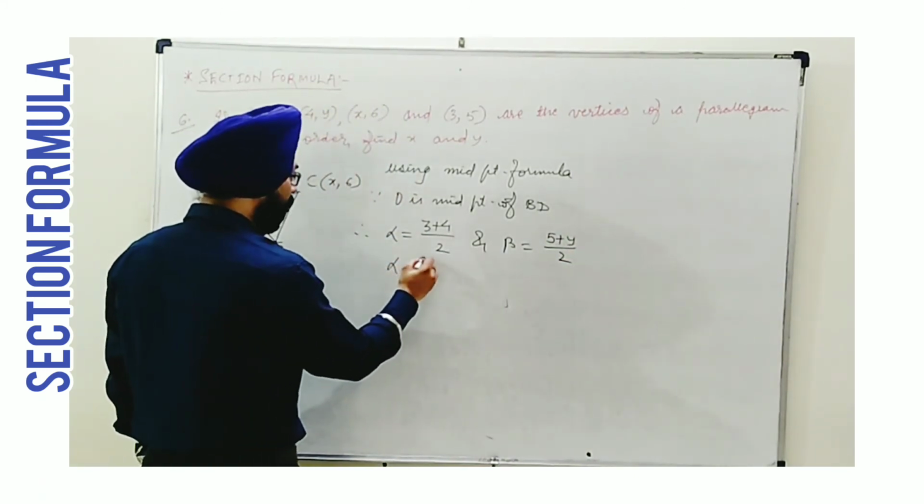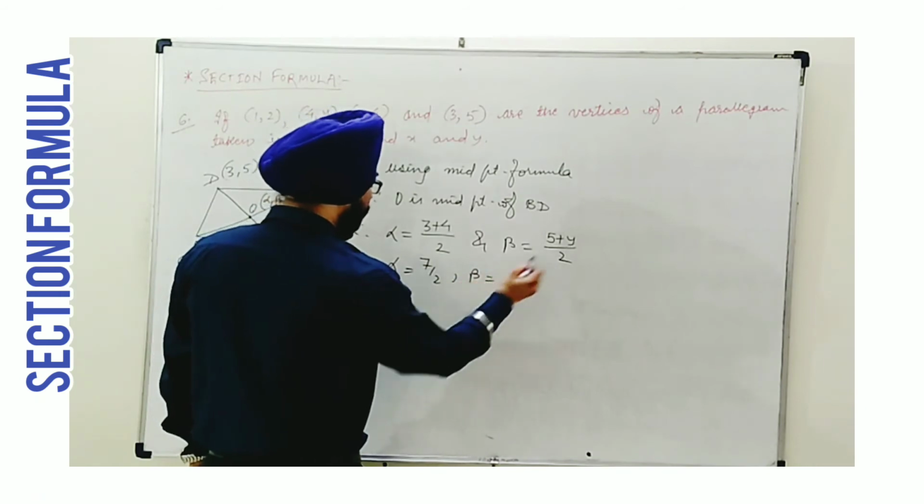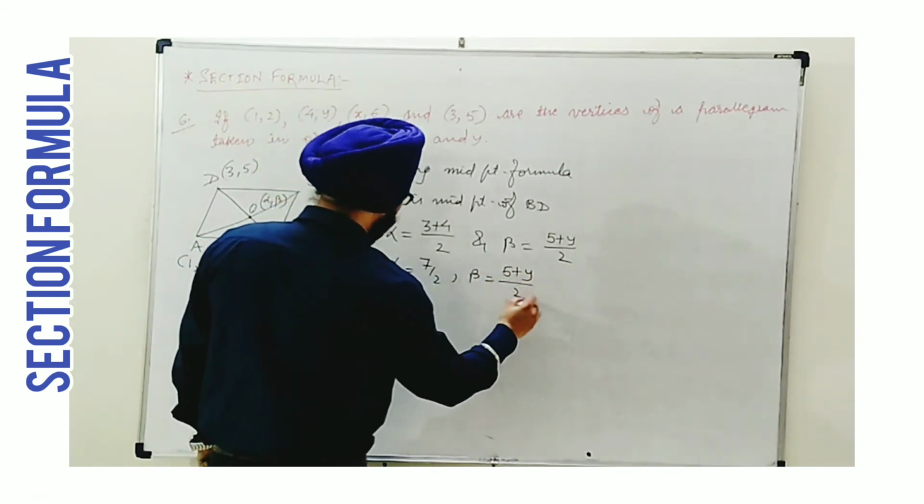Simplifying, alpha comes 7 upon 2 and beta is 5 plus y upon 2.